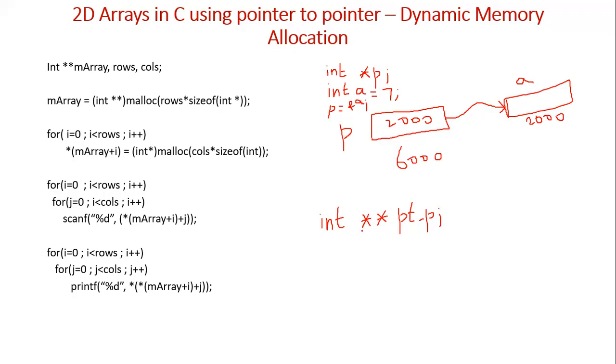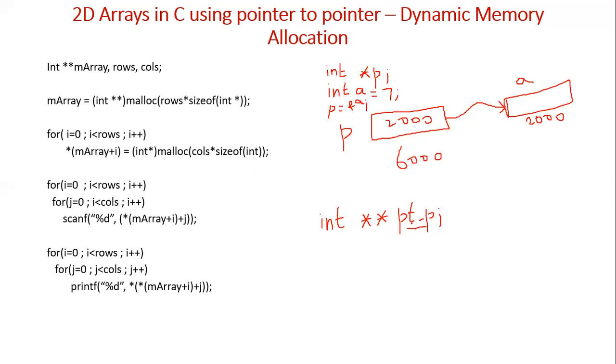So what does it mean? pt_p can point to a pointer which is a pointer to an integer, right?